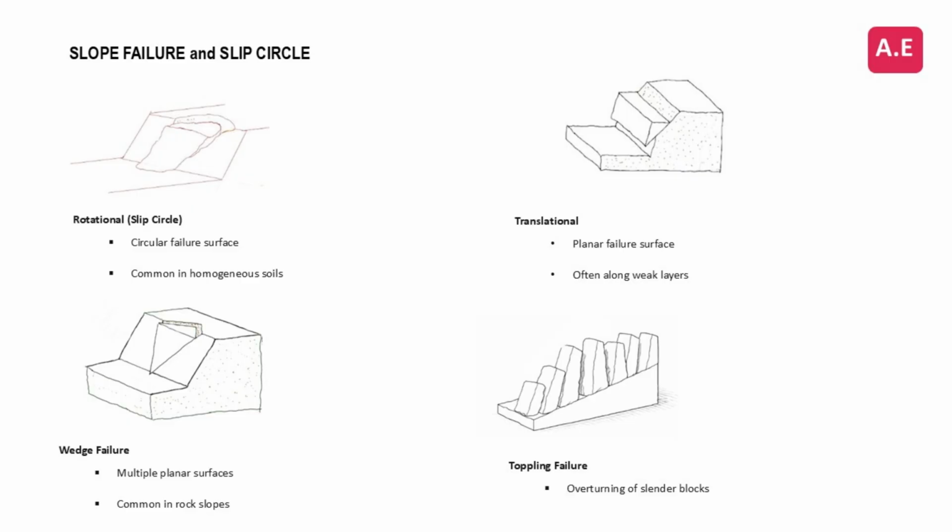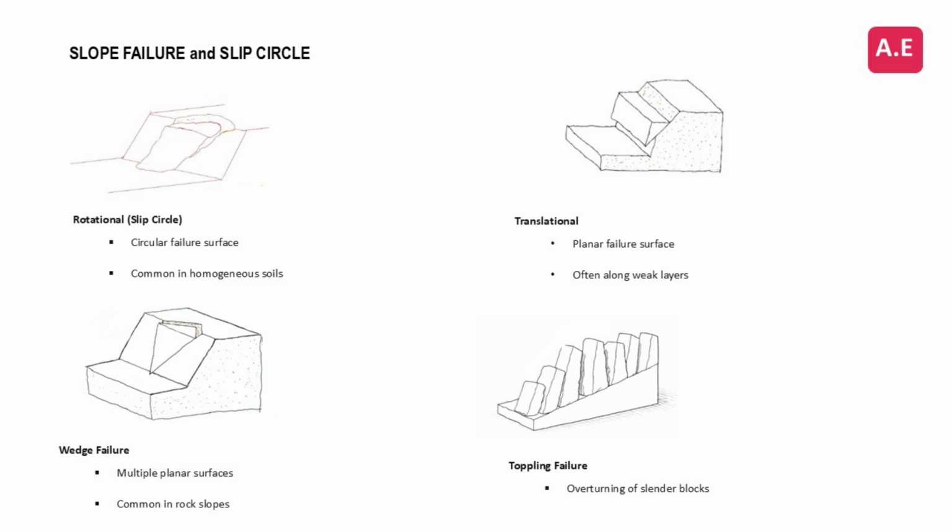Before we dive deep into one model, it's important to know that slopes don't fail in just one way. The type of failure depends heavily on the material and its structure. First, and the focus of today's lecture, is rotational or slip circle failure. This is a curved, circular surface, most common in homogeneous soils like clays.